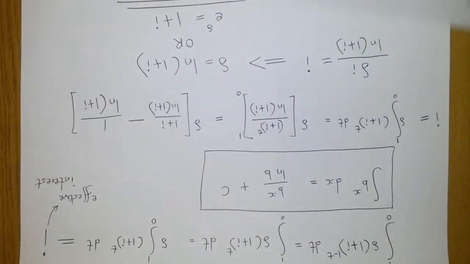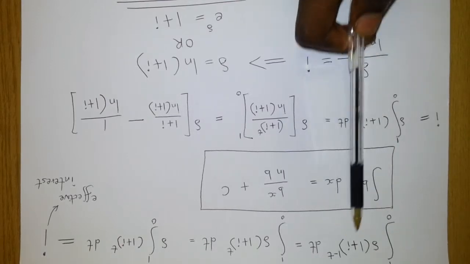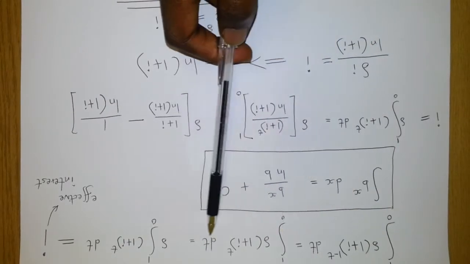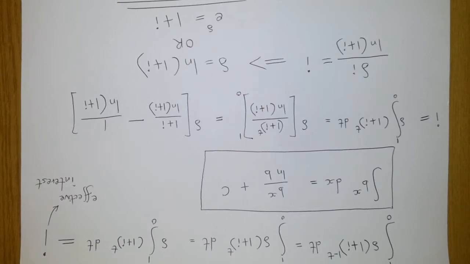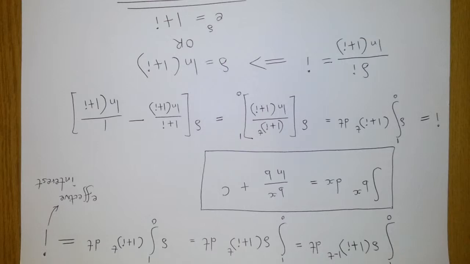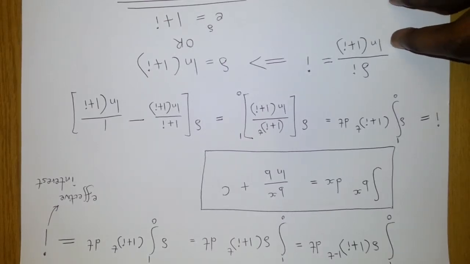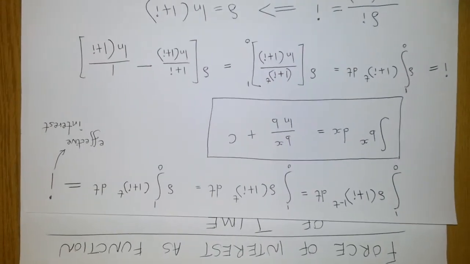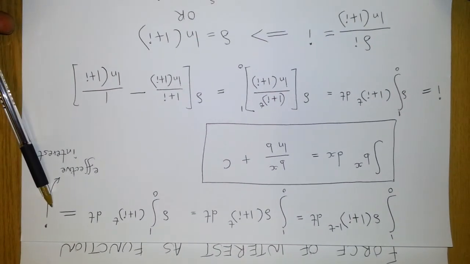Now, I need you to convince yourself that this integral here is equal to this. All I've done here is substitute t for 1 minus t. And as we said earlier, it is equal to i.